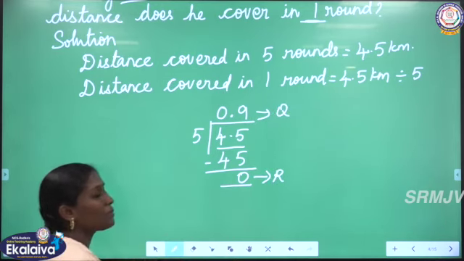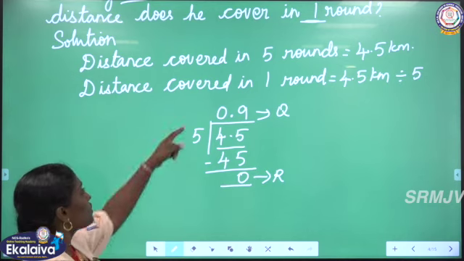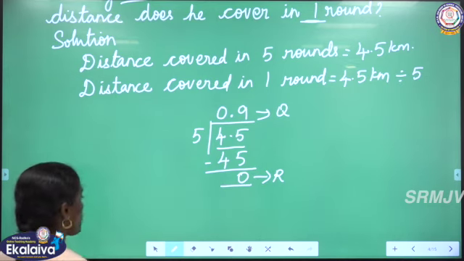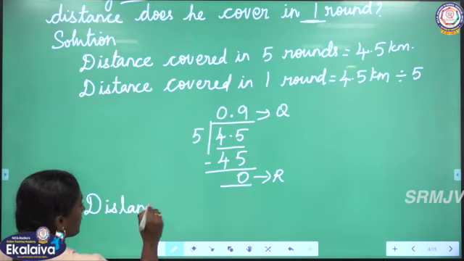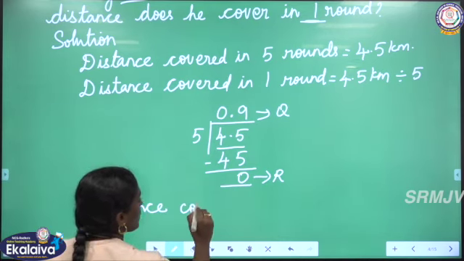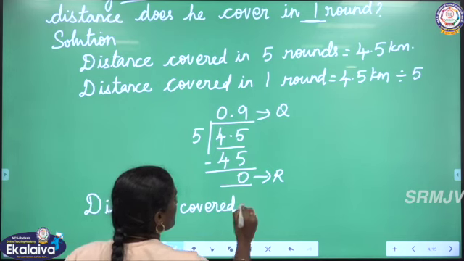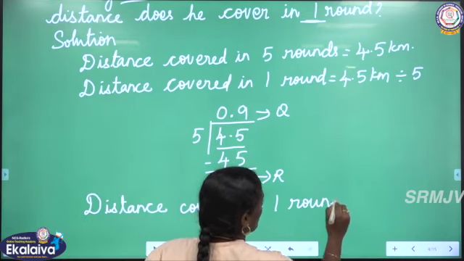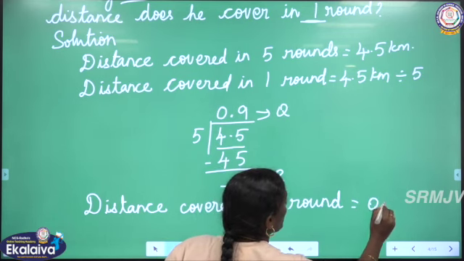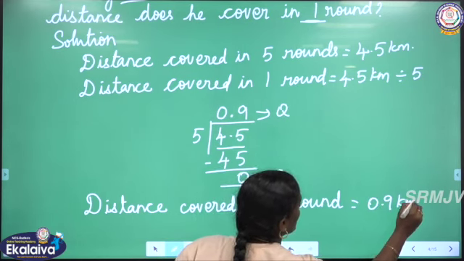In a division problem, quotient is the answer. So this is the distance covered in one round. Distance covered in one round is equal to 0.9 kilometer.